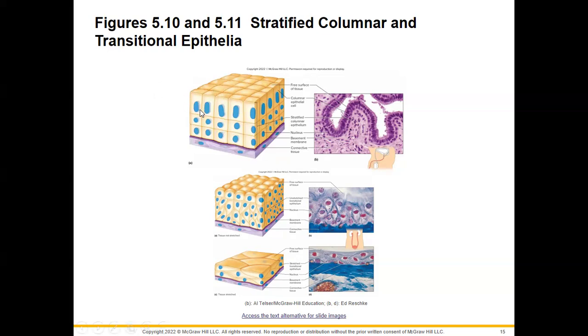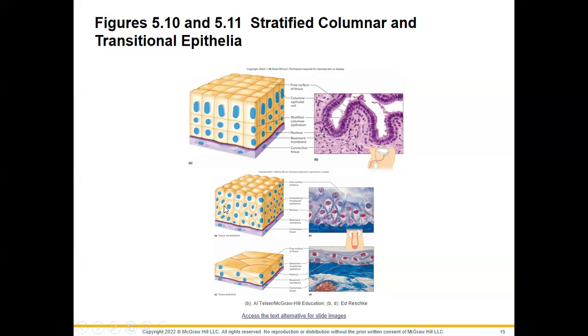Also, remember that we said that you don't want to look at these lower or deeper layers of cells to help you determine the shape of the cell. Look at the most superficial layer to give you the shape designation, because these younger cells won't have the maturity yet to show you their true shape. So you want to see the shape in the superficial-most layer.